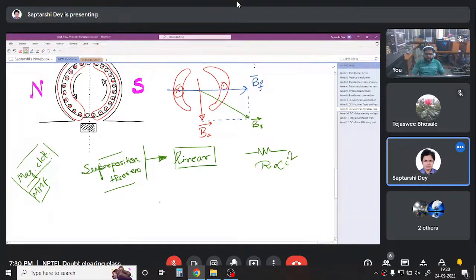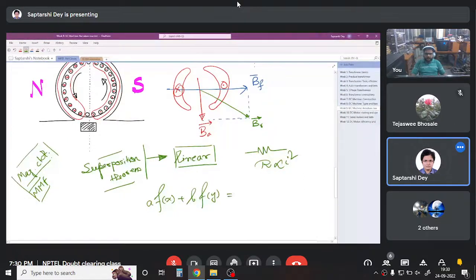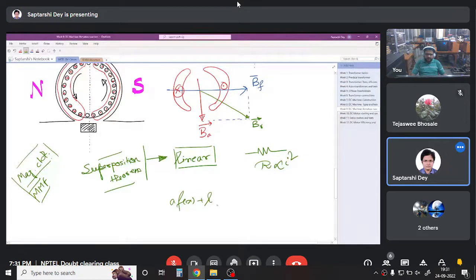Superposition means, say, A times fx plus B times fy should be equal to f of (A x plus B y).